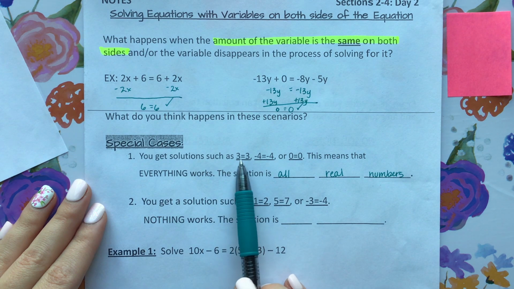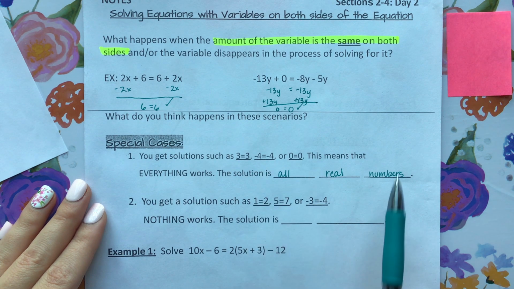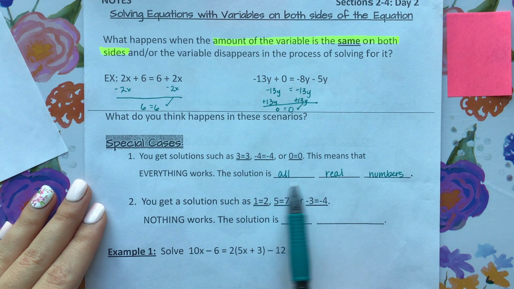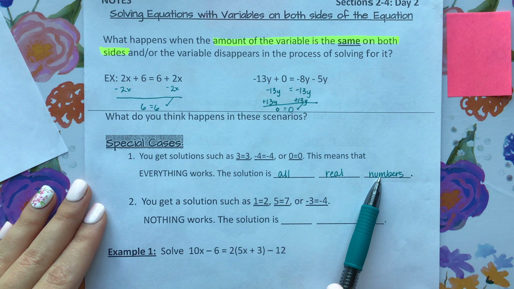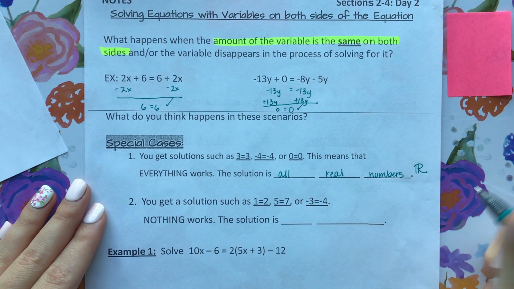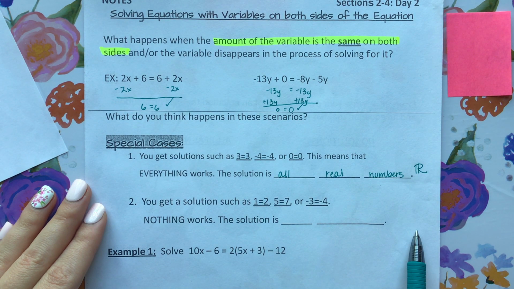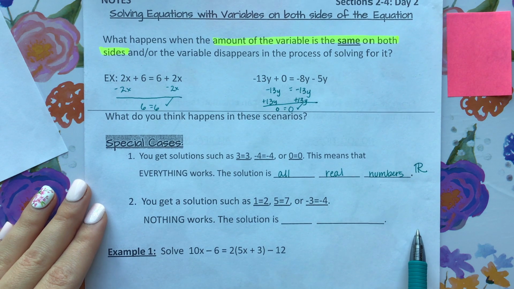So when it is the same number on the left and right, such as 3 equals 3 or negative 4 equals negative 4, and so on and so forth, the solution is all real numbers. A short way that we can write that so you don't have to write out those words is called a script R. So it's just 2 lines for the upper part, and then your curvy R section is just 1 line.